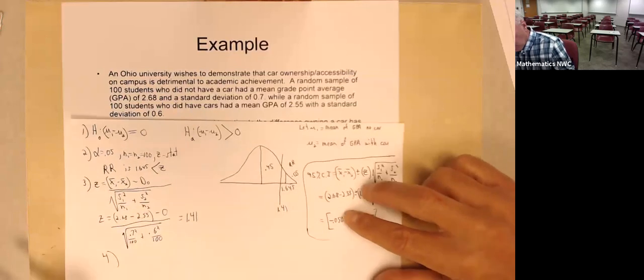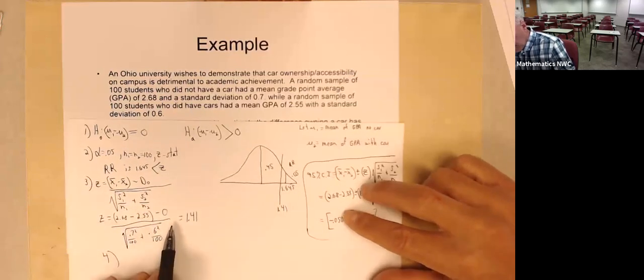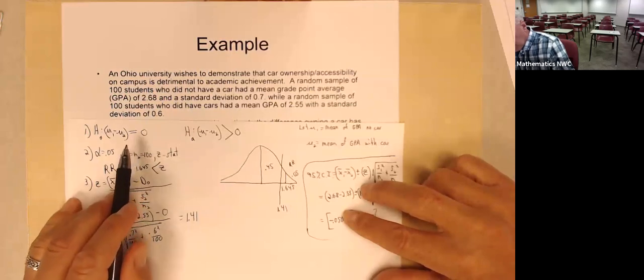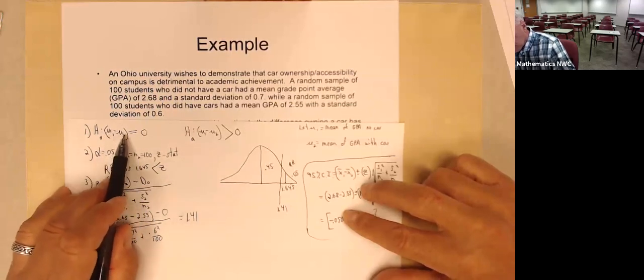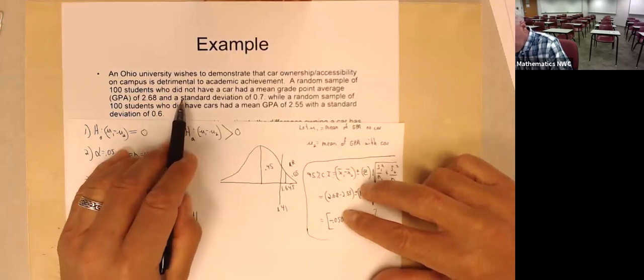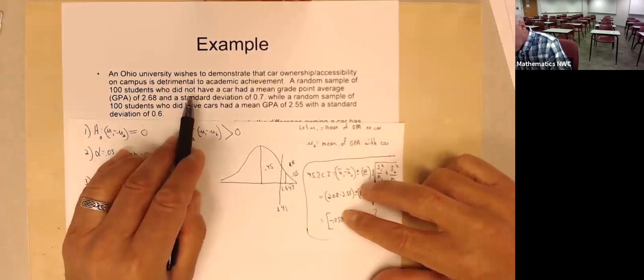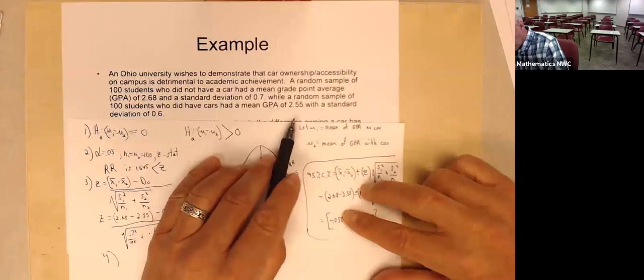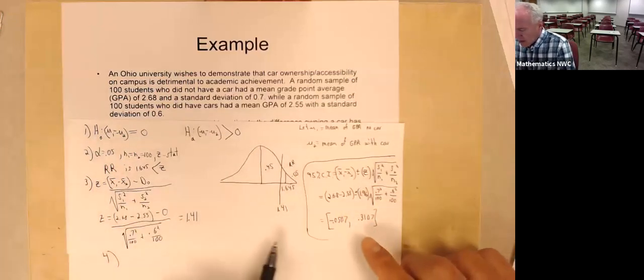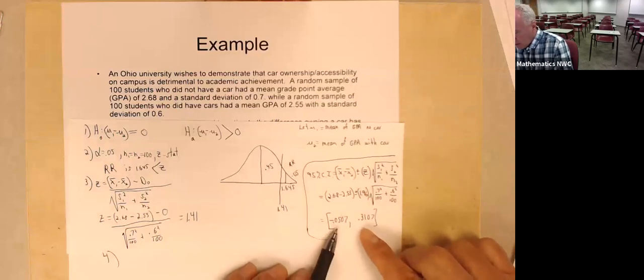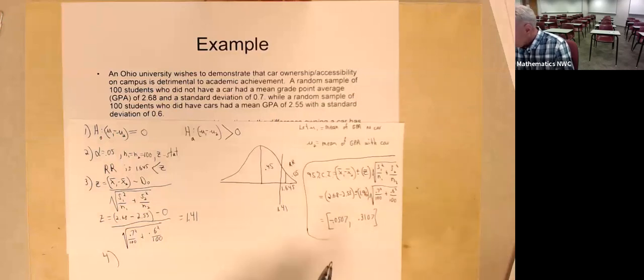My step 4 would have been z equal to 1.41 is insufficient evidence to reject our null, and thus we continue to assume there is no difference between the GPA of those who did not have a car versus the GPA of those who did have a car. It supported what our confidence interval had as well.